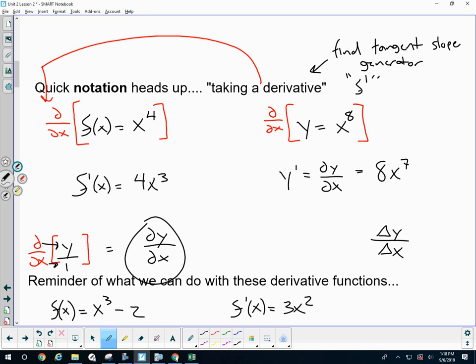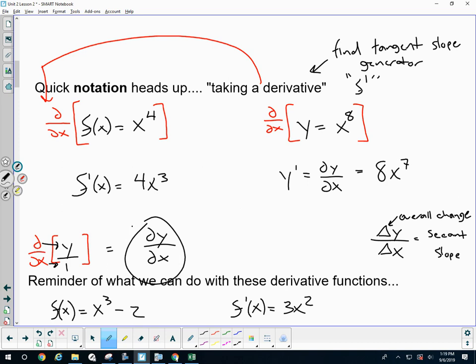What does that mean? Do you guys know that? Change in y over change in x. Good. But what does that mean? Slope. Okay. Now, I like to say that this delta, this change, is an overall change. And we know change in y over change in x is slope, but I'm going to say this is like an overall slope or a secant slope.